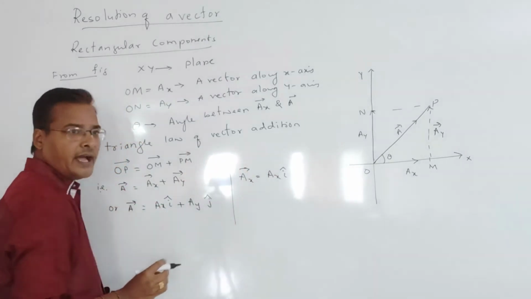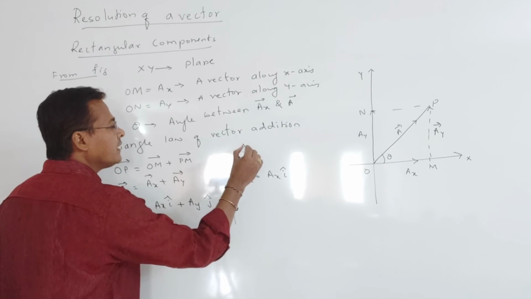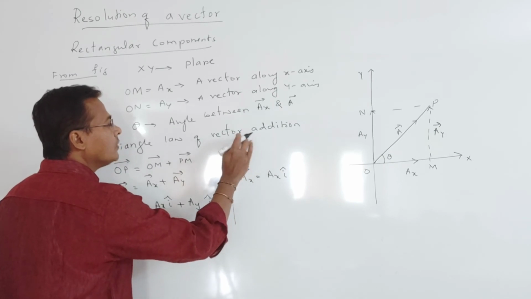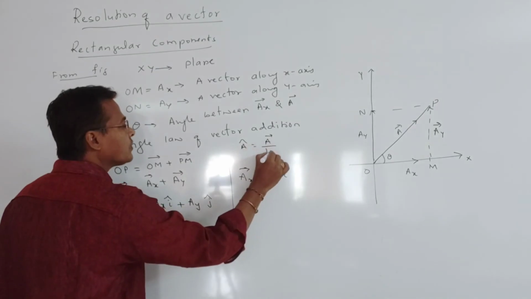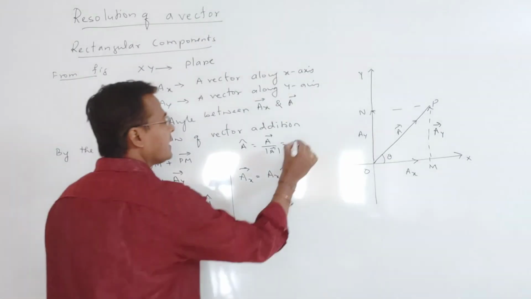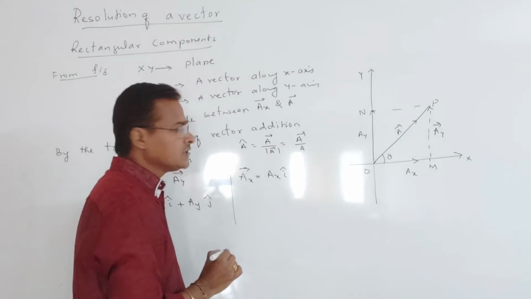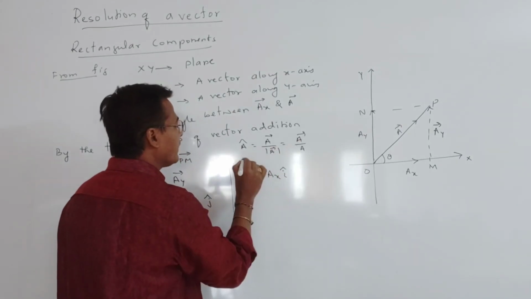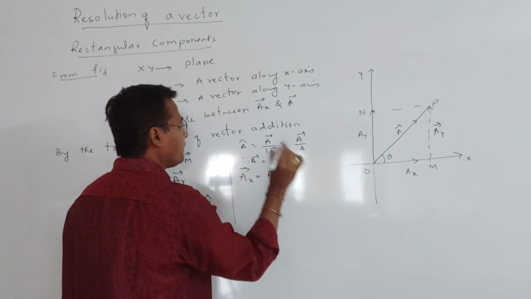According to the unit vector, A cap vector equals A vector divided by the modulus of A vector, so A vector equals A into A cap.